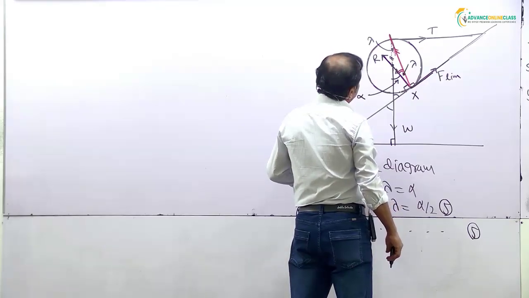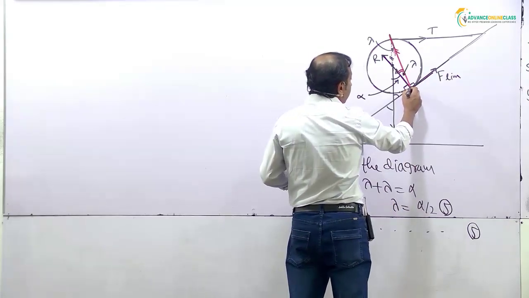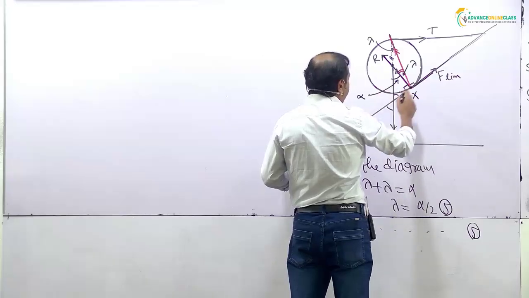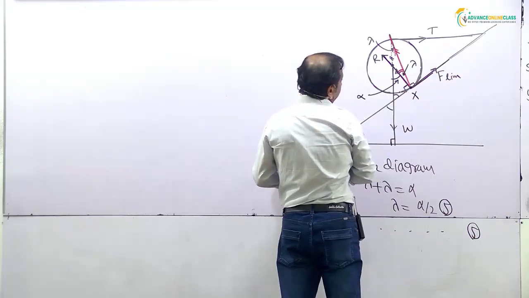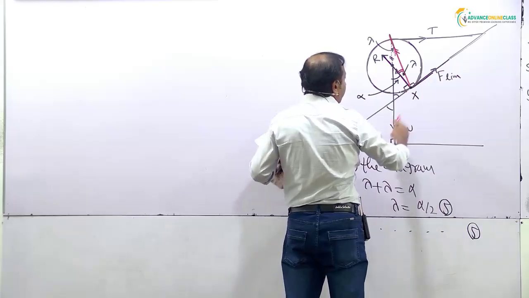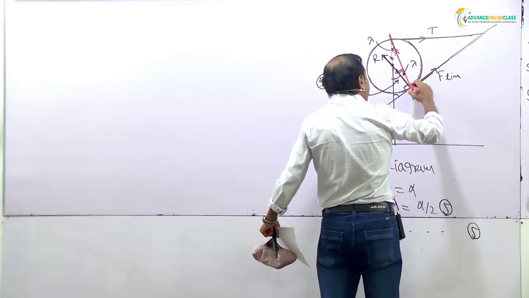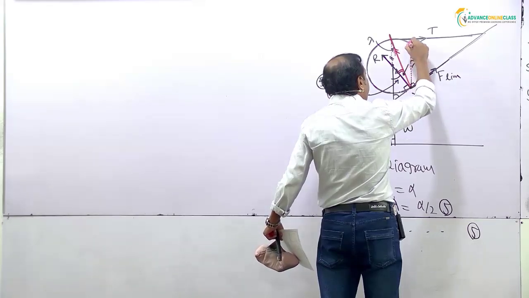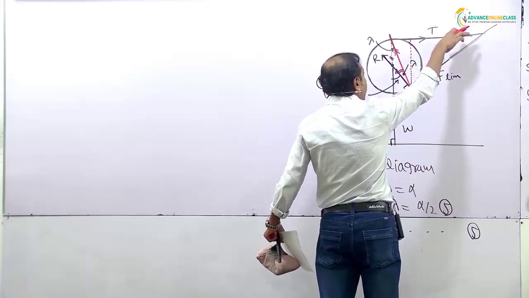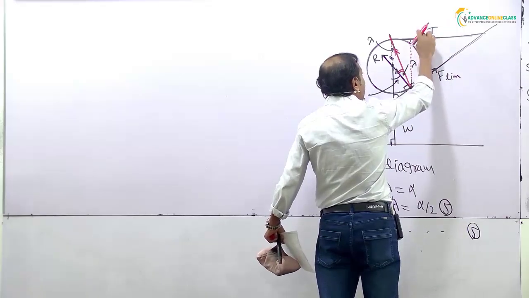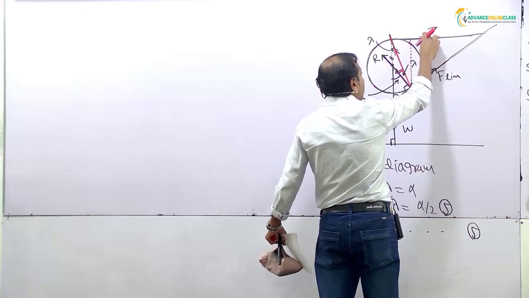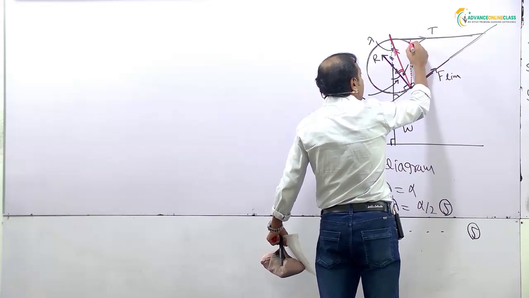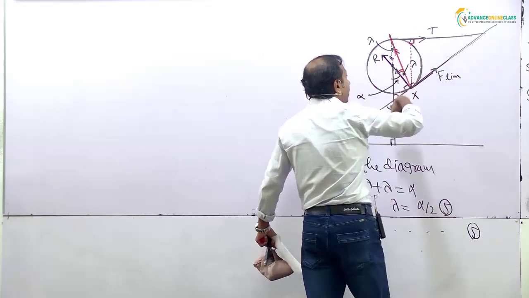So when I take moments around x, I have to make this construction. From here, I must draw a perpendicular line. Since this T is horizontal, the perpendicular to this T should be vertical. Therefore, this red line is vertical.